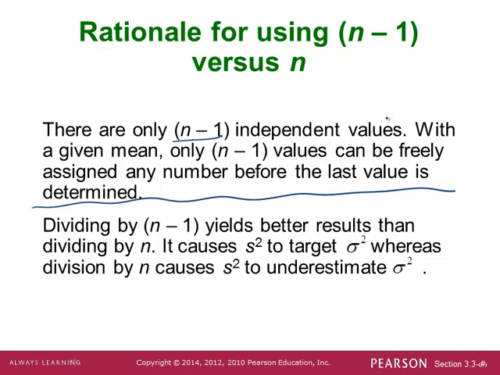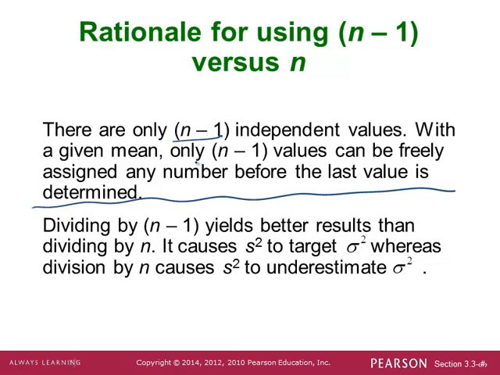All right, and then we're going to take each X value minus X bar. But the thing is that when you know X bar and you know all but one of the data values, then I could tell you what that other data value is because I know X bar.